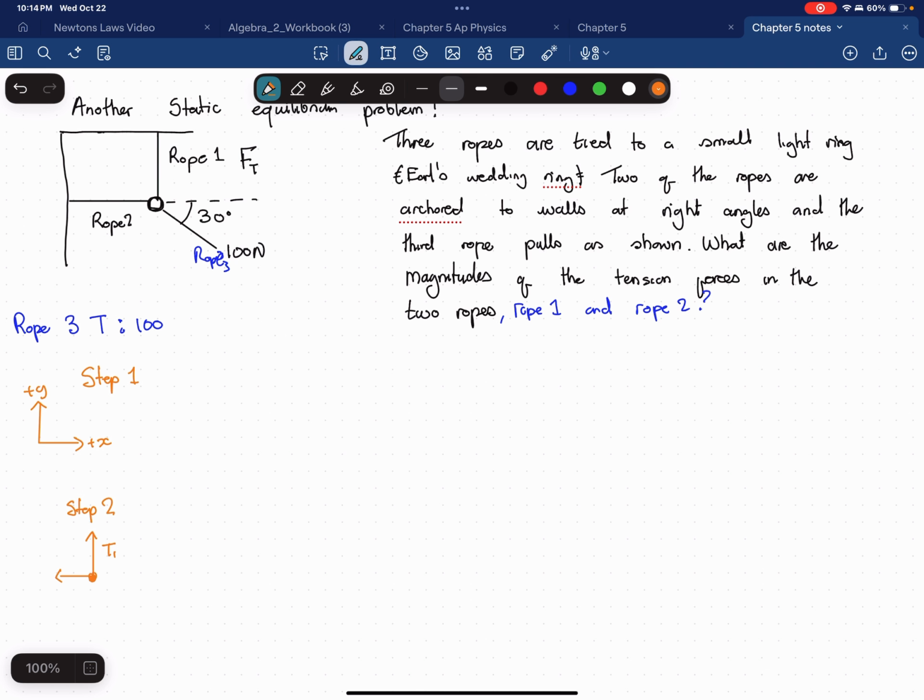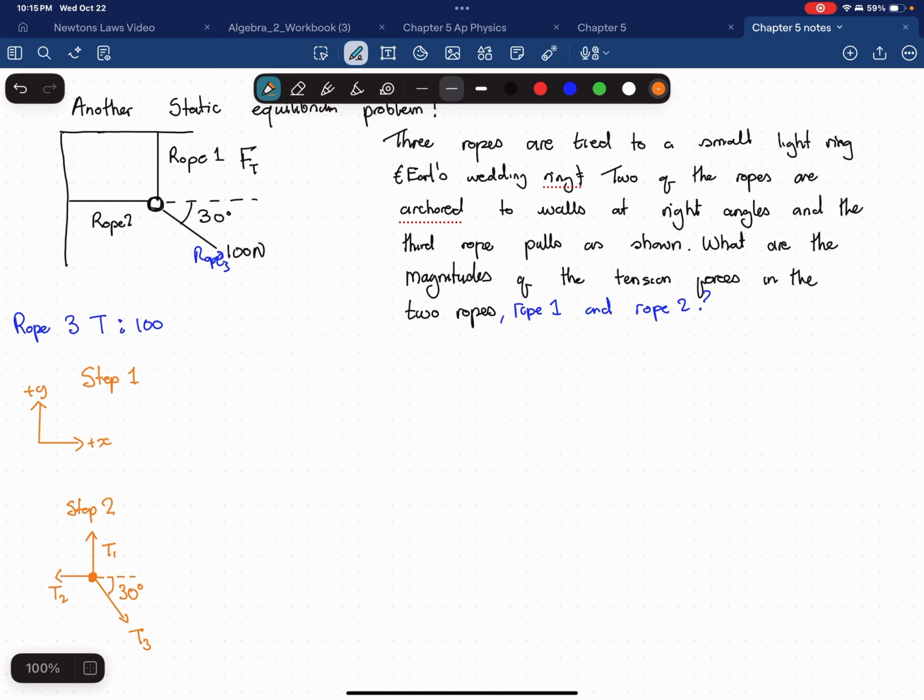And we're in a 90-degree angle going to tension 2. And then we have a 30-degree angle here going towards tension 3. From this point now, we can calculate the magnitude of forces. This is something we need to do.